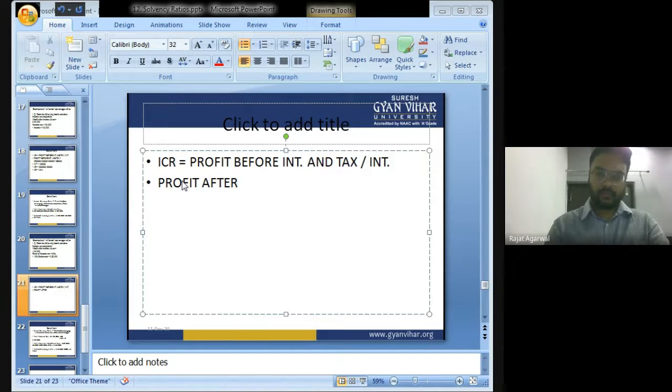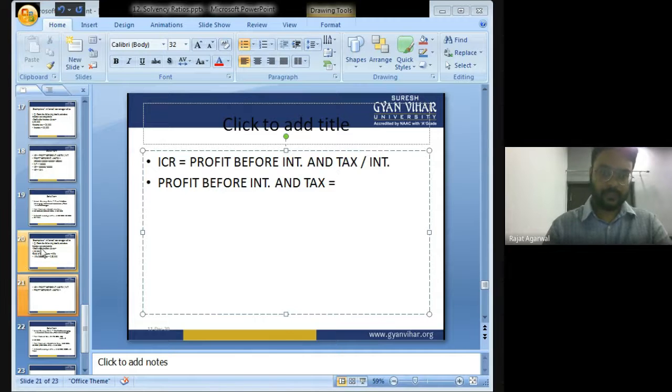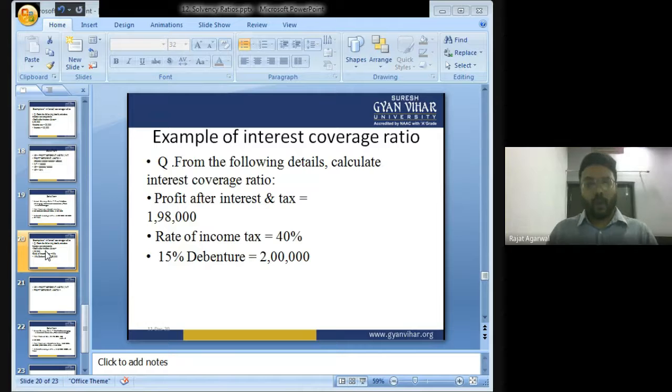So in the question it is given profit after interest and tax and we have to take profit before interest and tax. Chaliye. So what we will do, we will add back interest and tax to the profit.